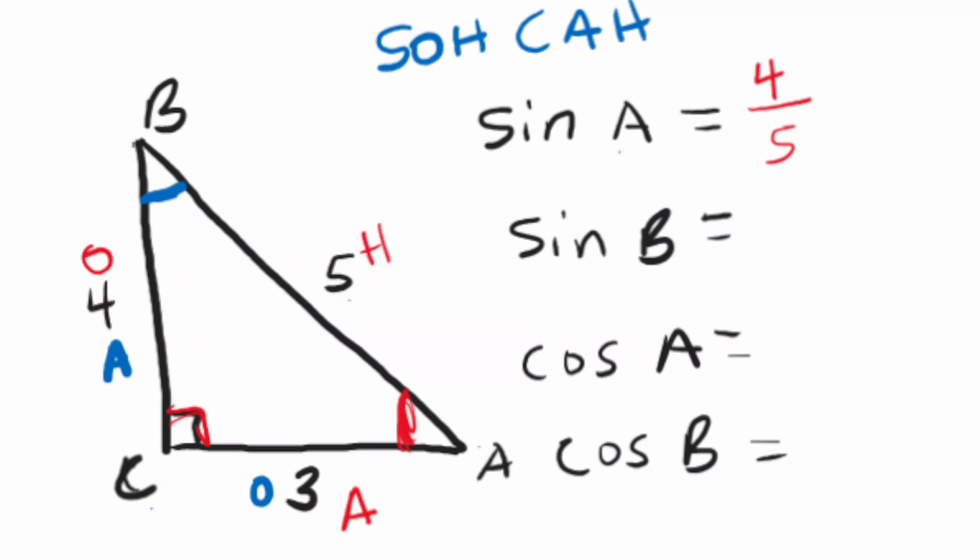We're still looking at this angle. Cos is what? Adjacent over hypotenuse. What is the adjacent? 3. So you get 3, hypotenuse is still 5.